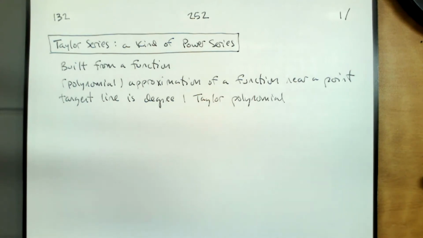Because at this point, you've all found the equation of a tangent line. Tangent line is the degree 1 Taylor polynomial approximation of a function near a point.